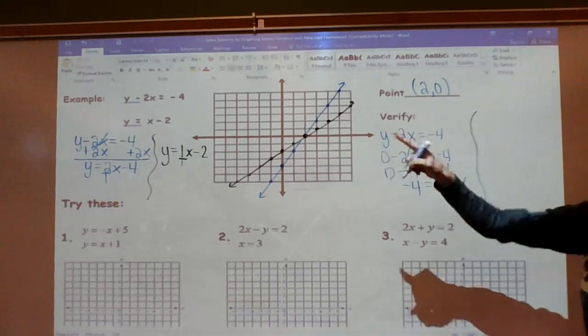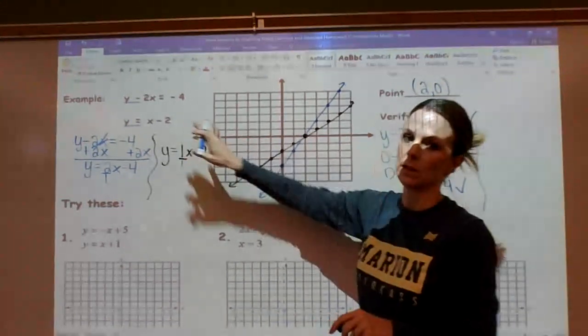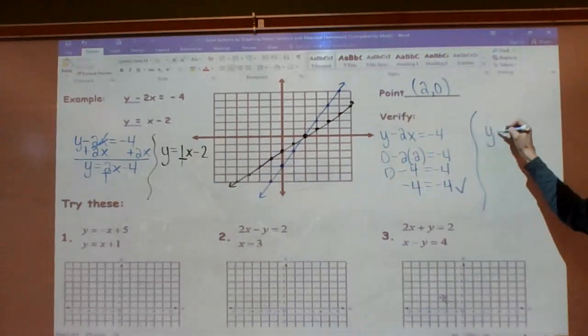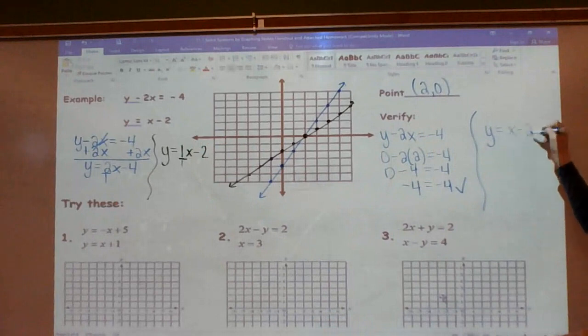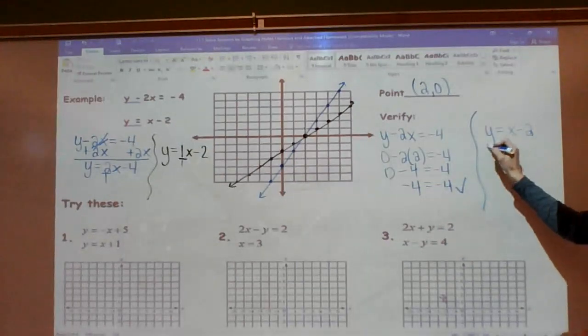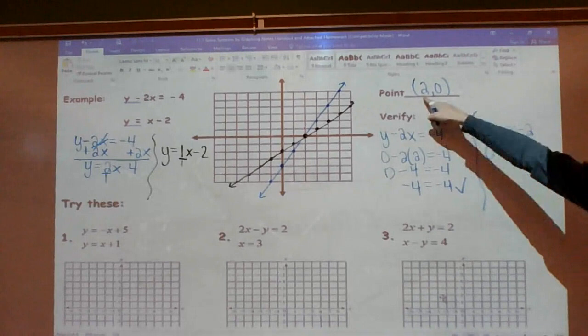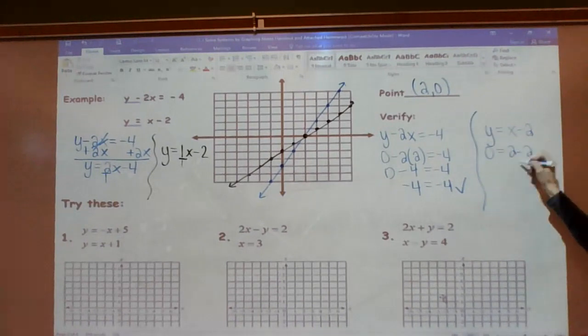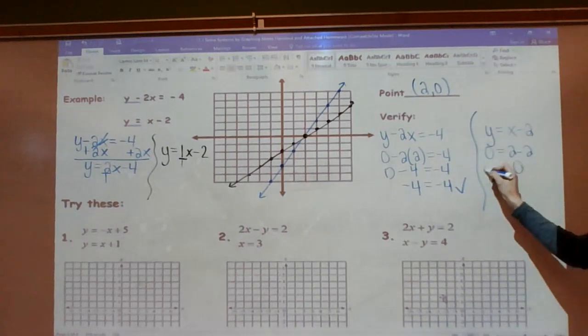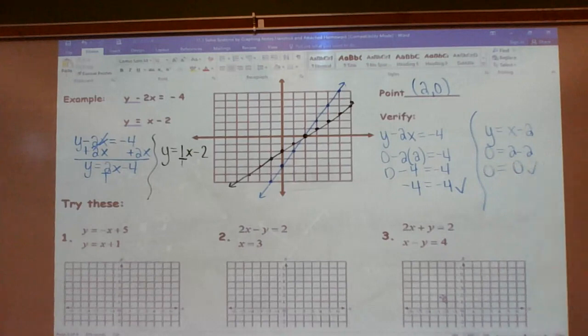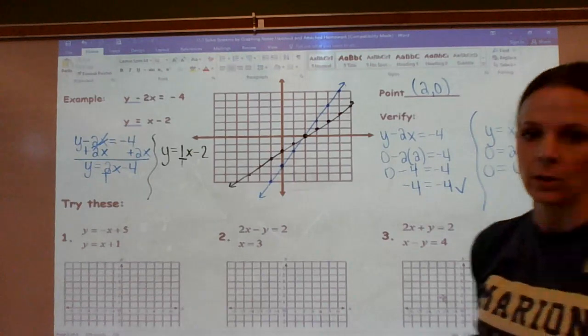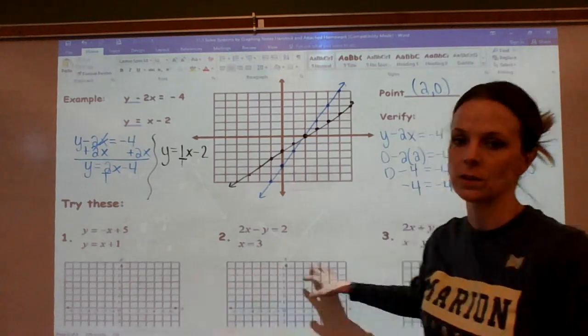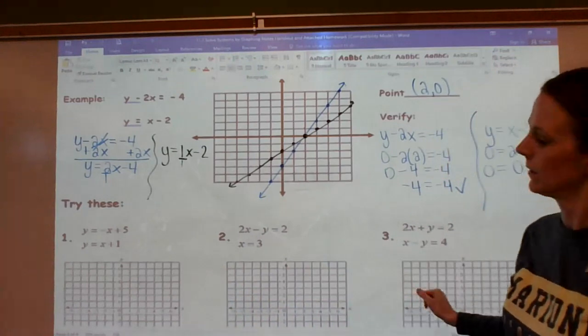Okay, looking at the second equation, subbing it in, y equals x minus 2. My y is 0. Our x was 2, and 2 minus 2 is 0, which equals 0, so we have checked it algebraically.